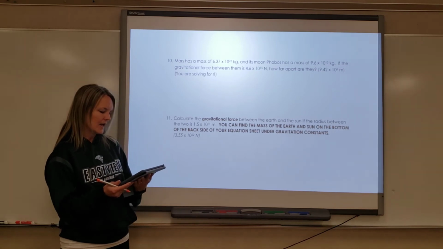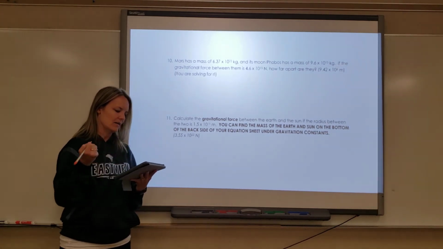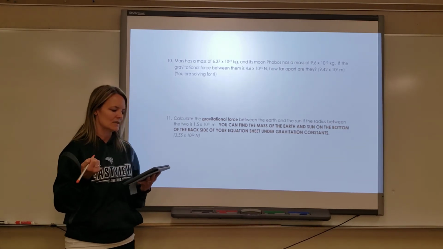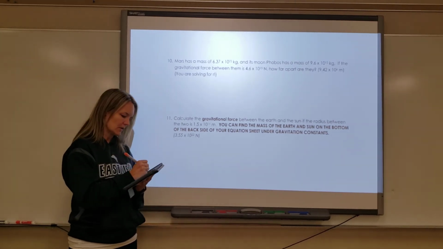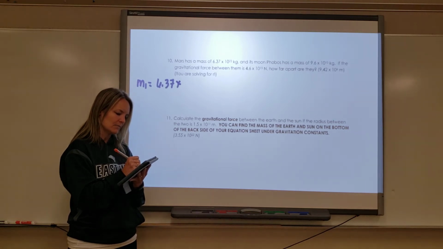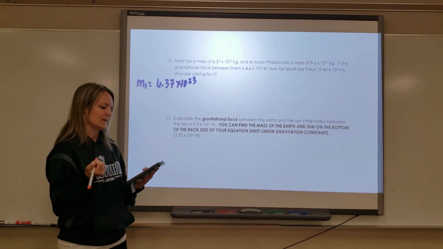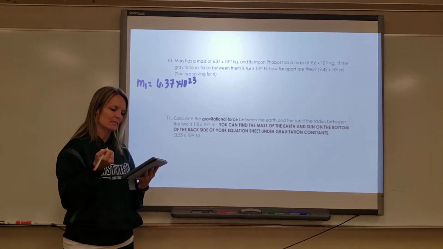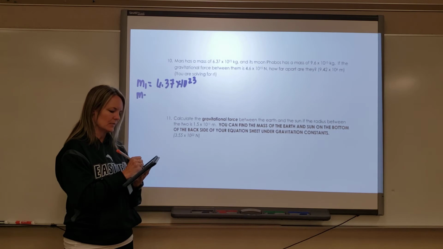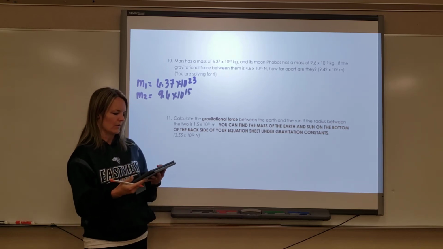All right, number 10. Mars has a mass of 6.37 times 10 to the 23rd. That's huge. All right, so M1 equals 6.37 times 10 to the 23rd. Its moon has a mass of 9.6 times 10 to the 15th. That's going to be the object 2, so that is 9.6 times 10 to the 15th kilograms.